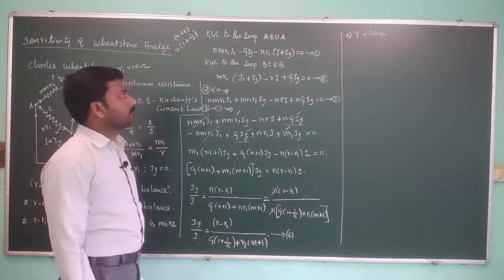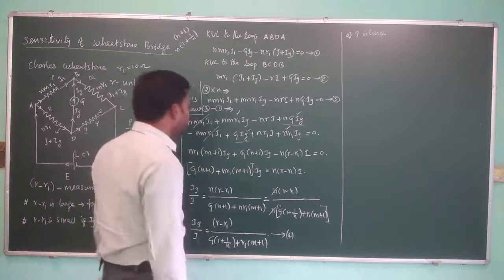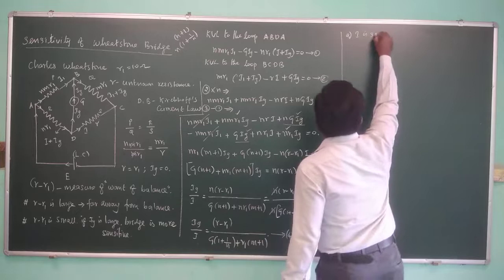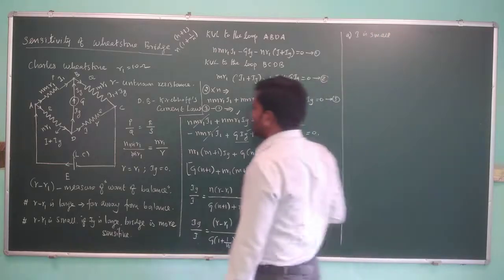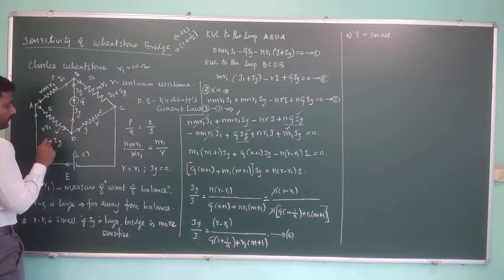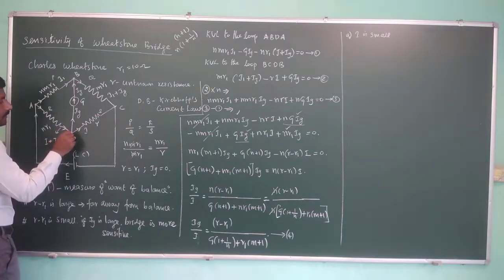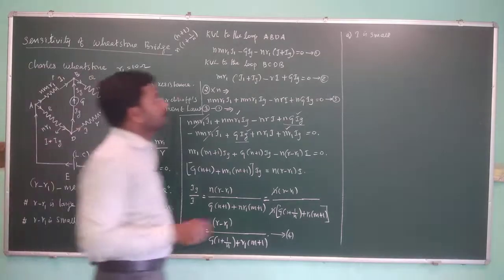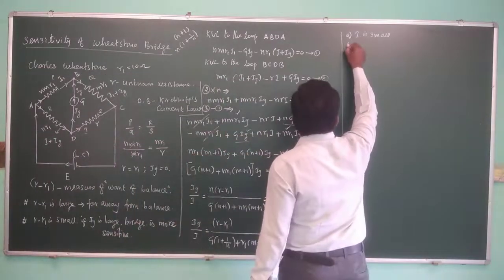Okay, fine. Sorry, this is small. If I is small, not large. Why? Because according to Kirchhoff's current law, I plus Ig is flowing to this node. If I is low, automatically it means Ig is large. One thing.